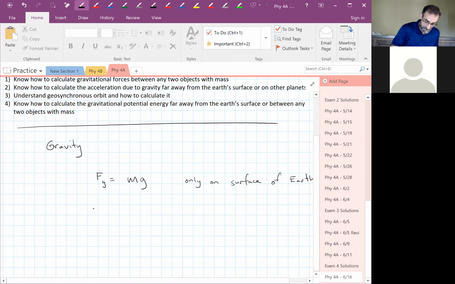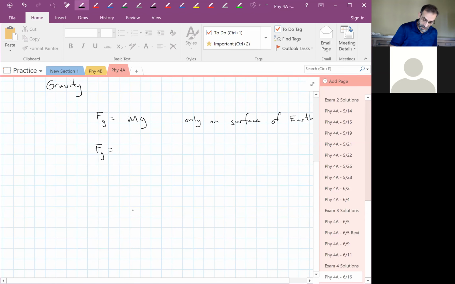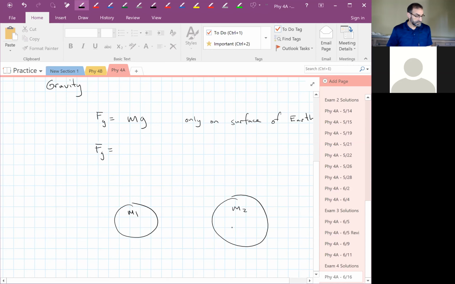He said the force of gravity is proportional to, what would the force of gravity be proportional to? Let's think about it for a second. We've got two masses, M1 and M2. What would the force of gravity be proportional to between these two masses if they were interacting with each other?